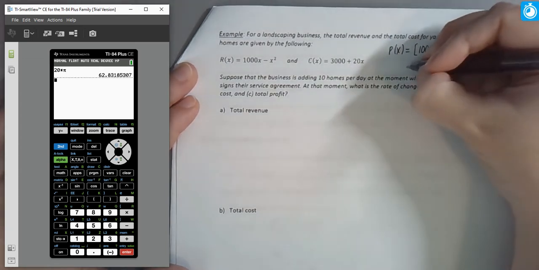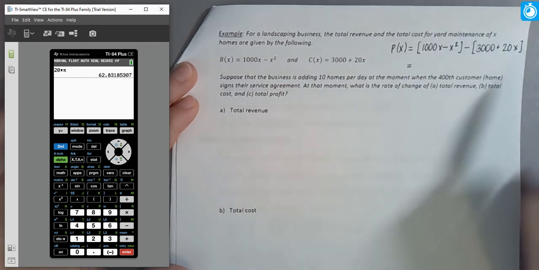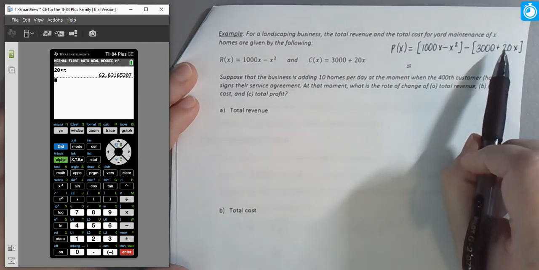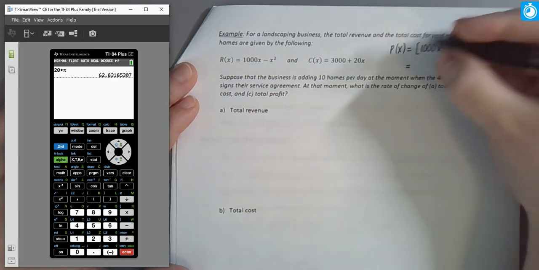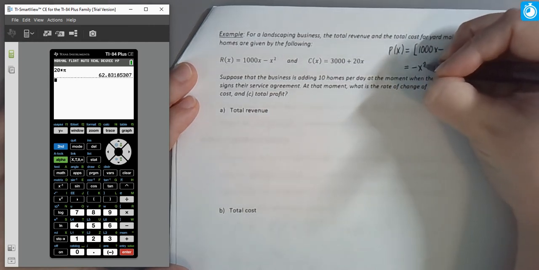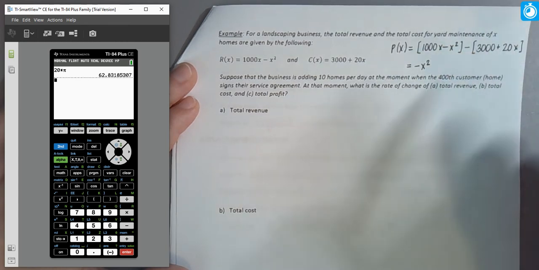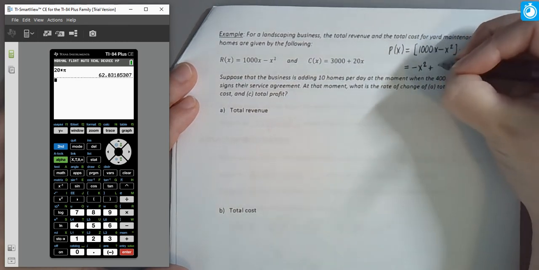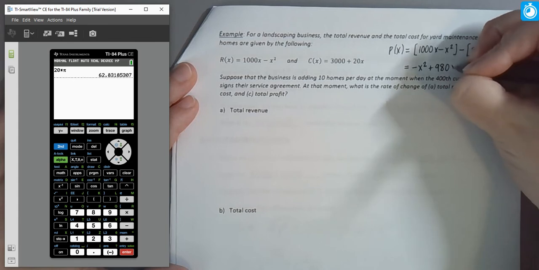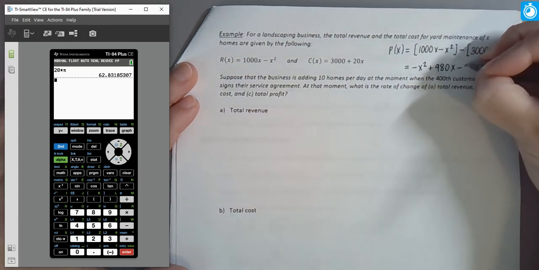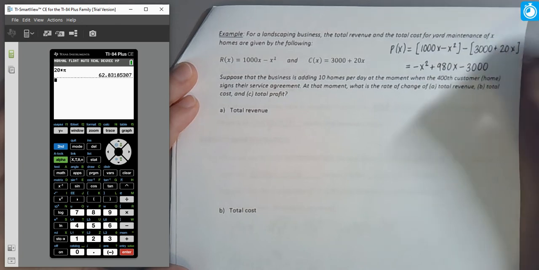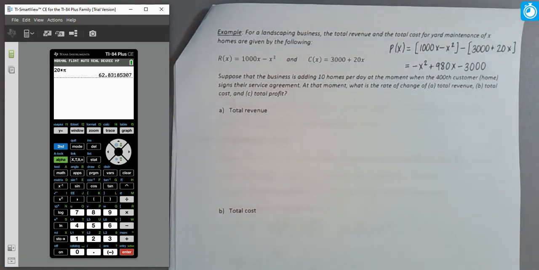Okay, so combine your like terms. The only like terms we have here are the 1000x and the 20x. Notice the 20x is going to be negative. So we have negative x squared. 1000x minus 20x is going to be 980x minus 3000.